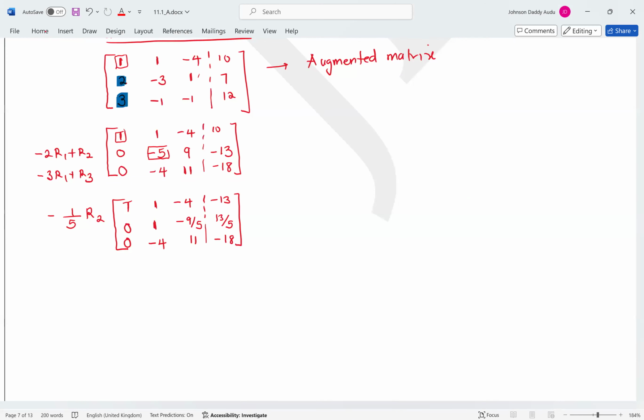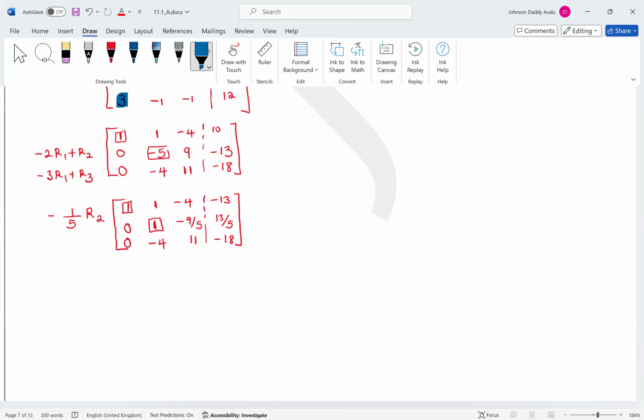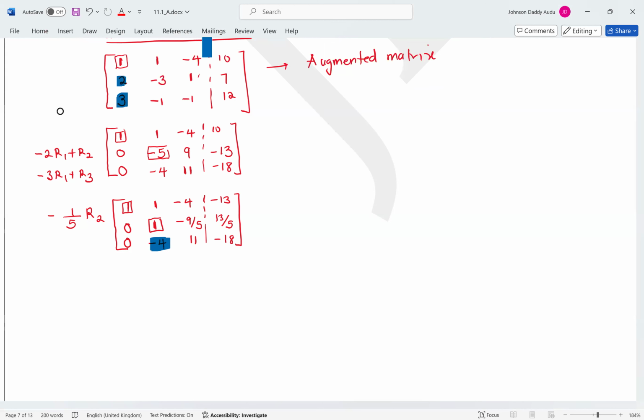Okay, now remember we're using Gaussian elimination. So these are the pivots. This is 1, 1. Then these will now have to go to 0, because for Gaussian elimination, once you have your pivot, your leading entry, the entry below it has to be 0, right? And how can we achieve this?